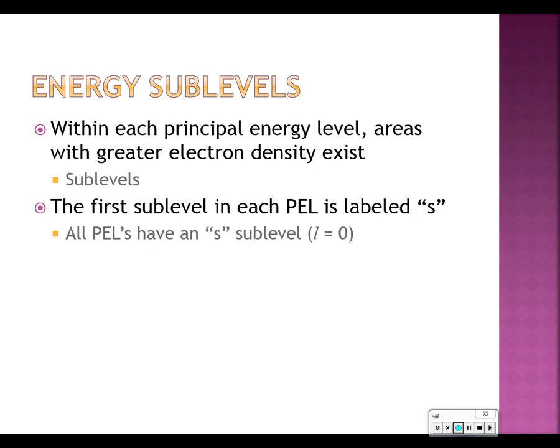Just because they're the same principal energy level doesn't necessarily mean that the electrons get all nice and evenly distributed around the nucleus, because they don't. Okay? These levels within the principal energy level are called sub-levels. All right? Those sub-levels are orbitals, right? All of these things are orbitals, right?